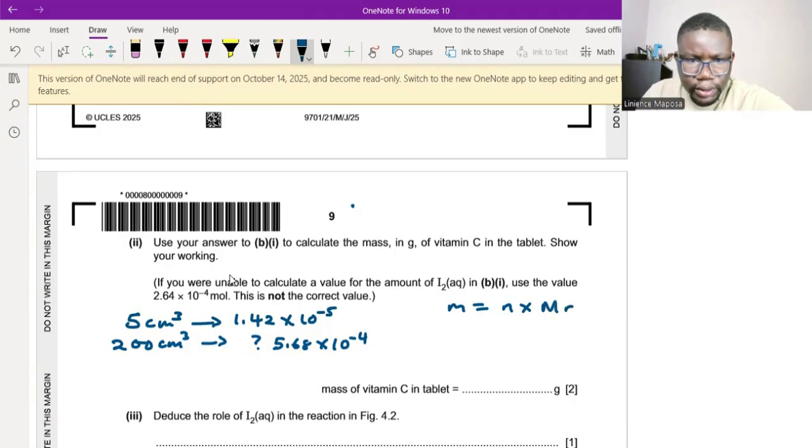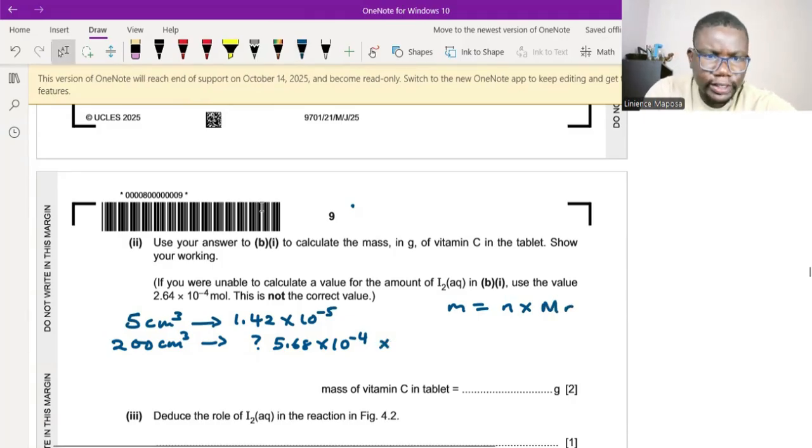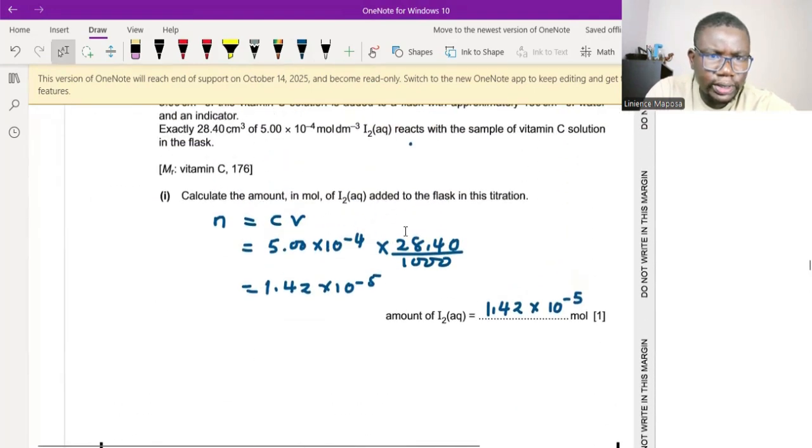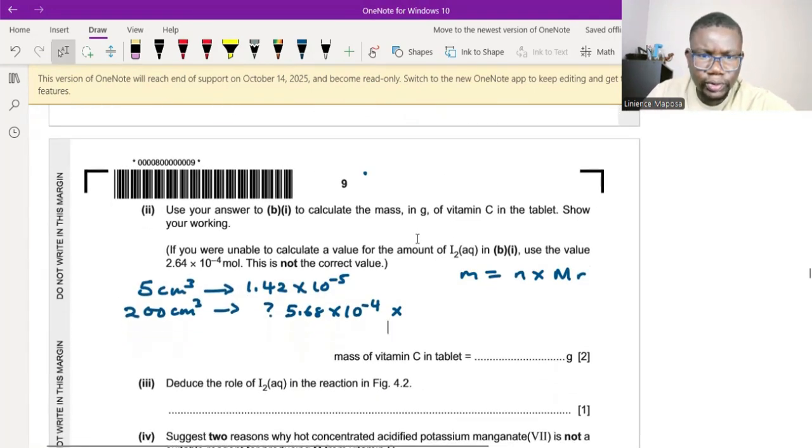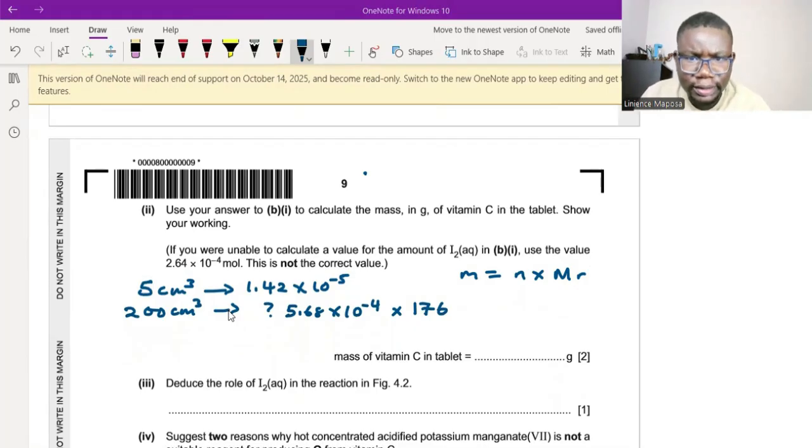So you're going to multiply by the molecular mass of vitamin C, which was given up there, 176. So you multiply this number of moles times 176, and that gives us 0.099999999. Did they ask for any significant figures, or must we think about significant figures?